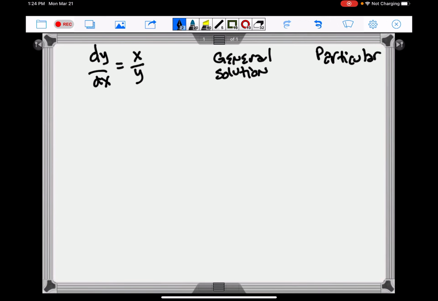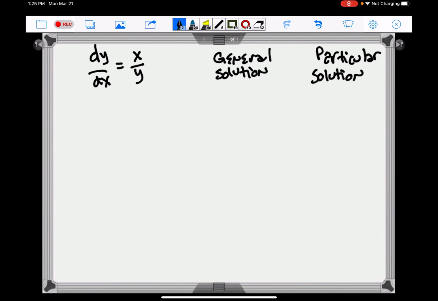Think about what those words mean, like in English, right? Particular is like a specific one, and general is in general. So a general solution is still going to have a plus C in it. A general solution means I'm still being represented by the infinite possible antiderivatives. The particular solution we'll do a little later.